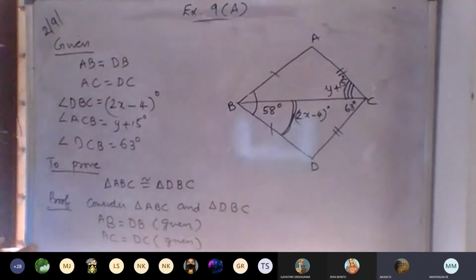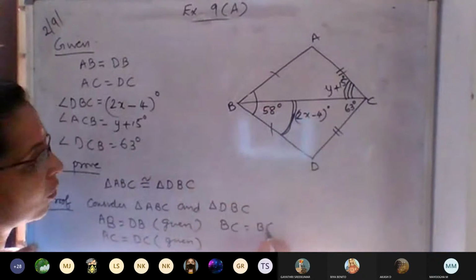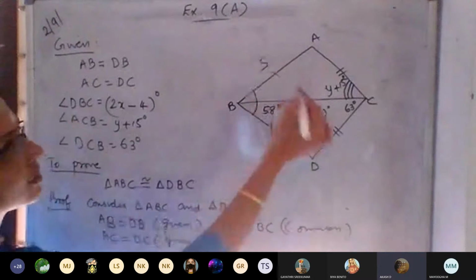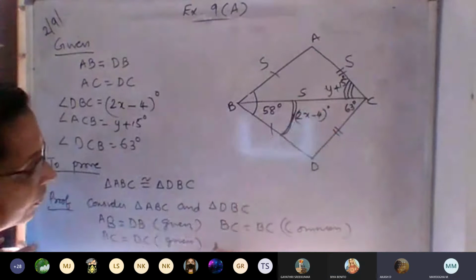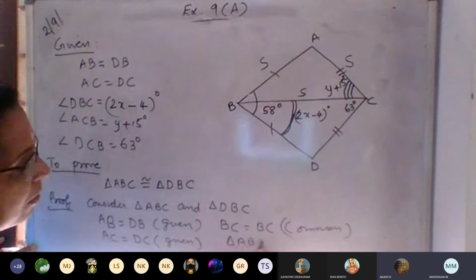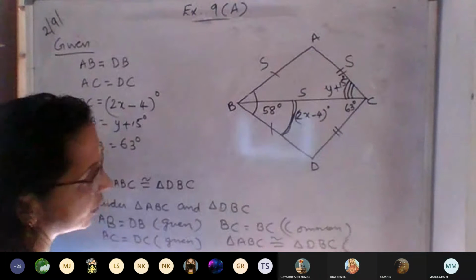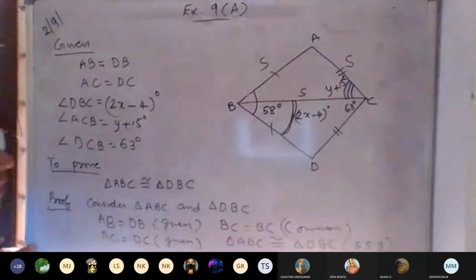BC is equal to BC, common. So we can directly write: triangle ABC is congruent to triangle DBC using SSS. So these two triangles are congruent.